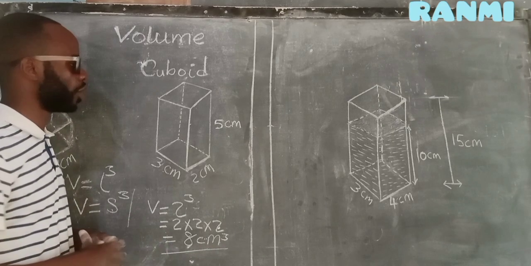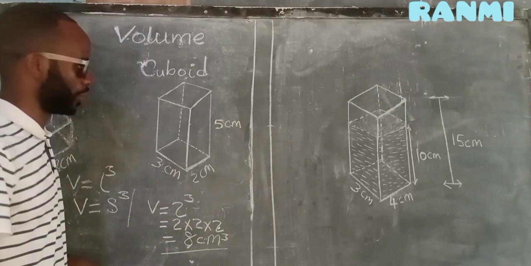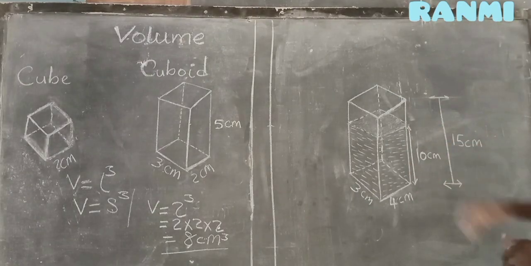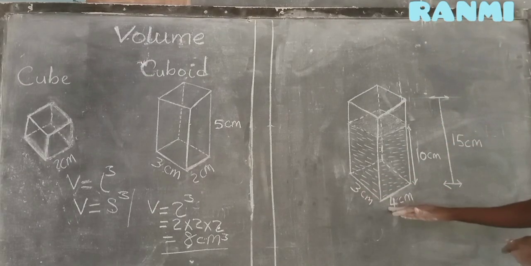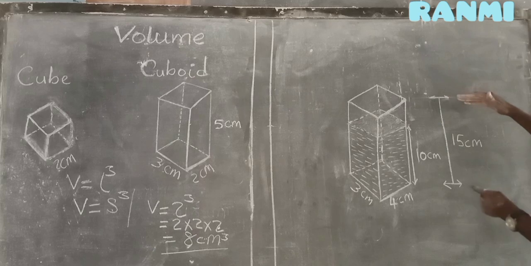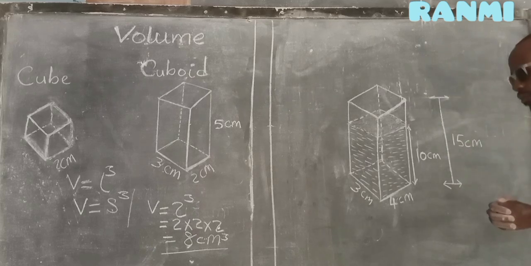Now, sometimes we can put a liquid inside of a cuboid container, like what we have over here. This is our cuboid container with a length 3 centimeters, the breadth 4 centimeters, and its height is 15 centimeters. The height of the cuboid is 15 centimeters from here up to here.